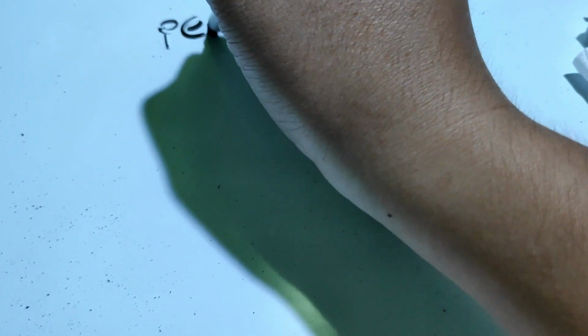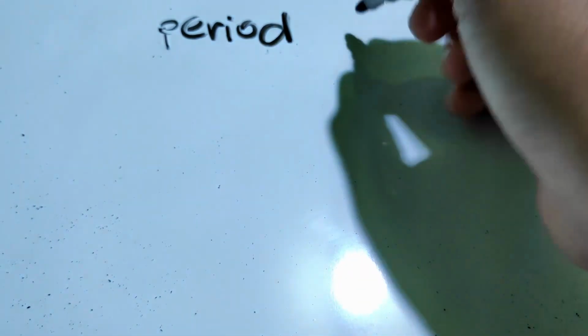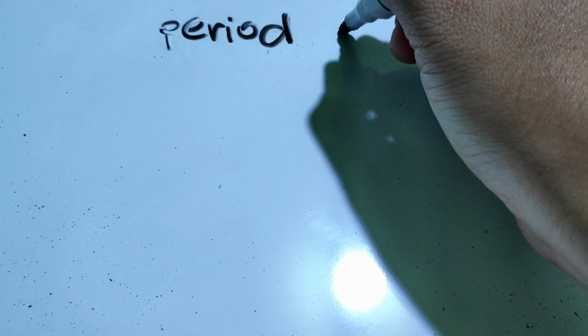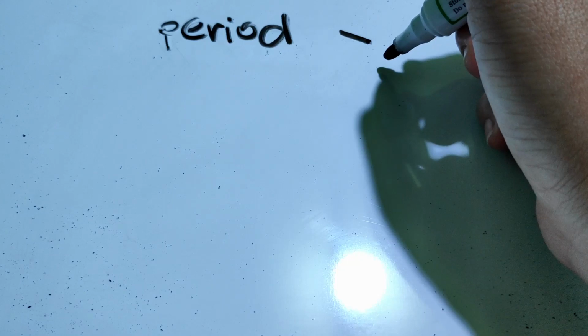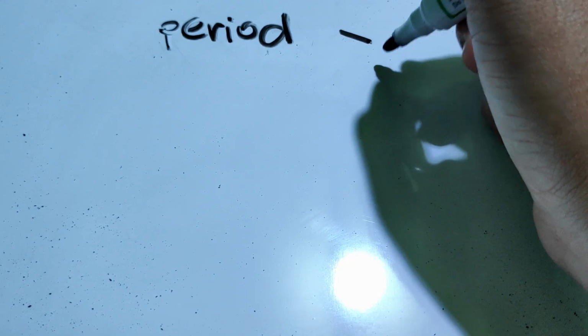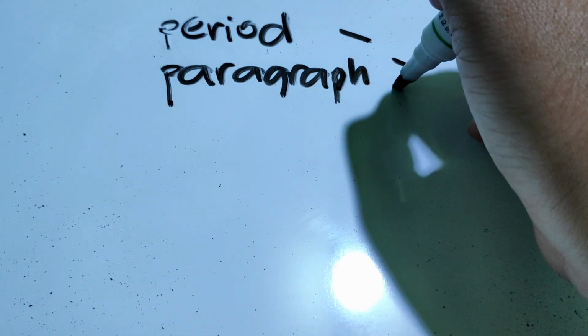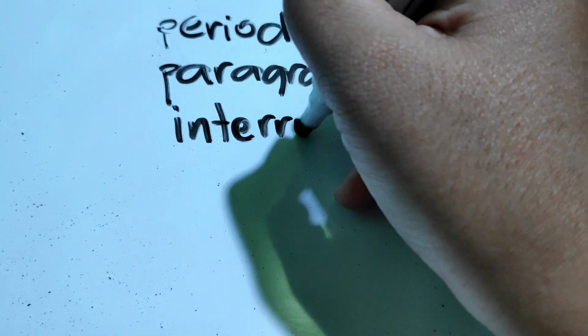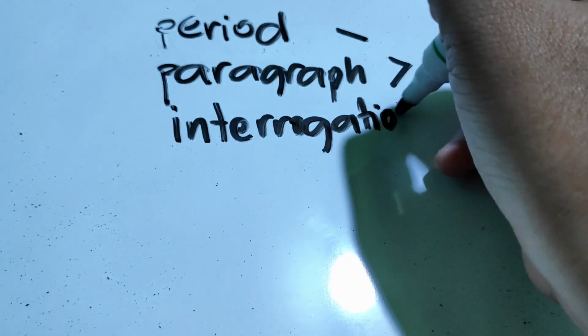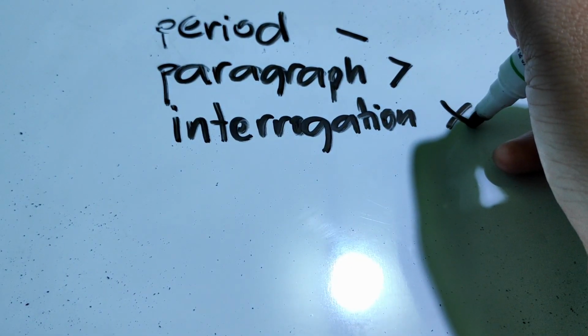Okay, let us review. So let us review the period. Ang iyang sign sa stenography is slanted to the right, downward ang stroke. For the paragraph, ang iyang sign is greater than. Ang iyang interrogation is the X mark.